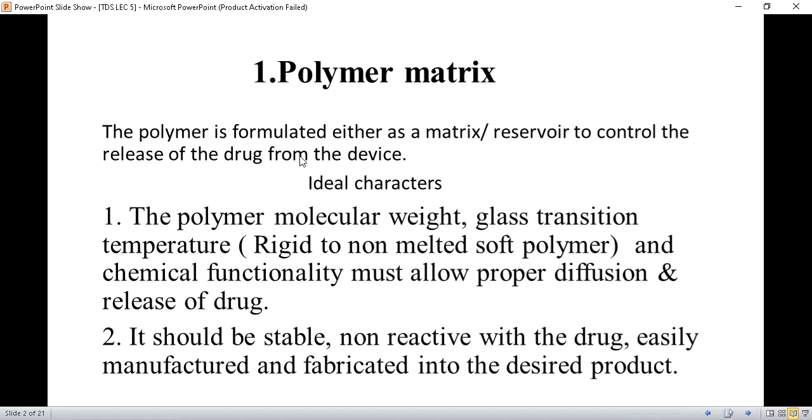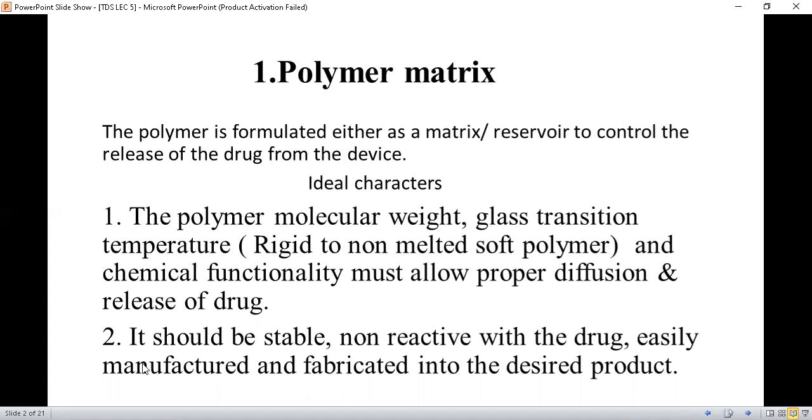And the ideal characteristics we have to consider while formulating a transdermal drug delivery system include the molecular weight of the polymer that you are going to use. Glass transition temperature means the temperature at which a rigid polymer converts into a soft polymer, but the polymer is not melted. Remember, glass transition temperature is the temperature of a polymer during which a rigid, hard structure converts into a soft, non-melted polymer.